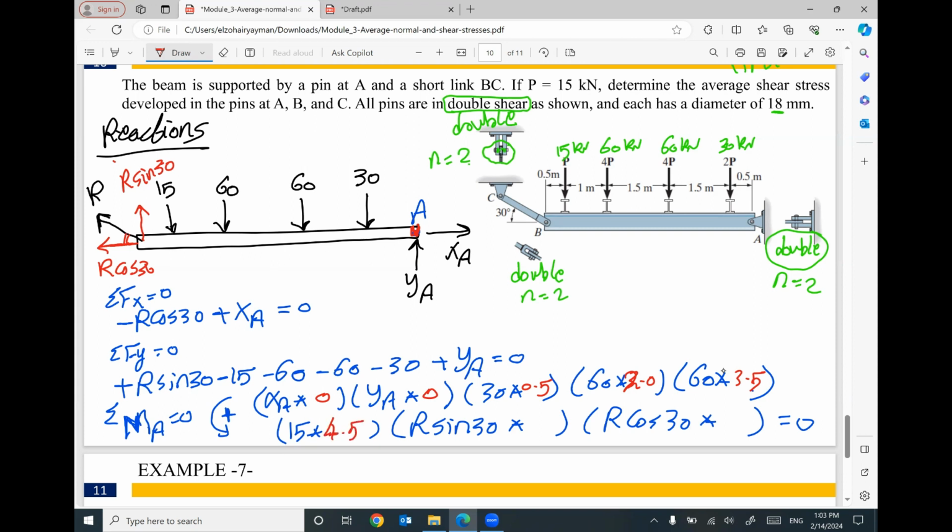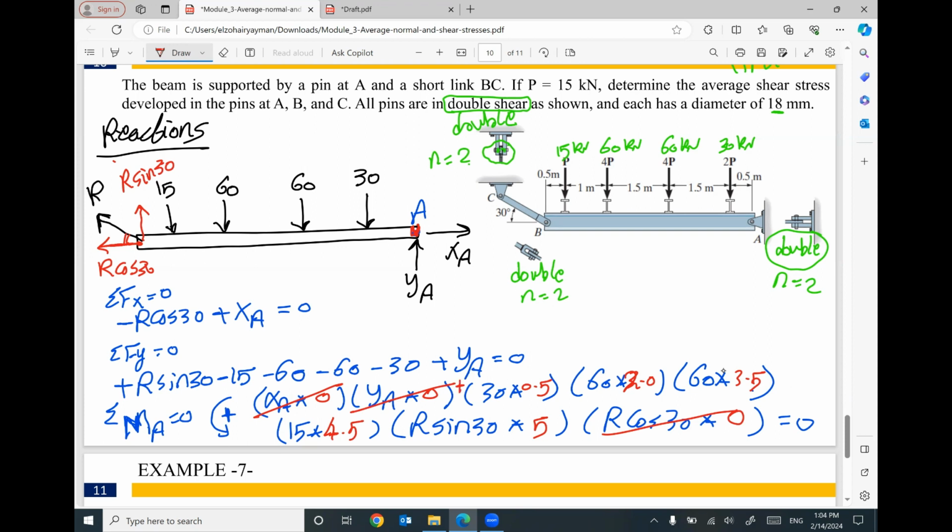Between R sine 30 and A, the total length is 5. R cosine 30 is a horizontal force, so we don't have vertical distance, it will be 0. So this term will be cancelled, this one cancelled, and this one cancelled.